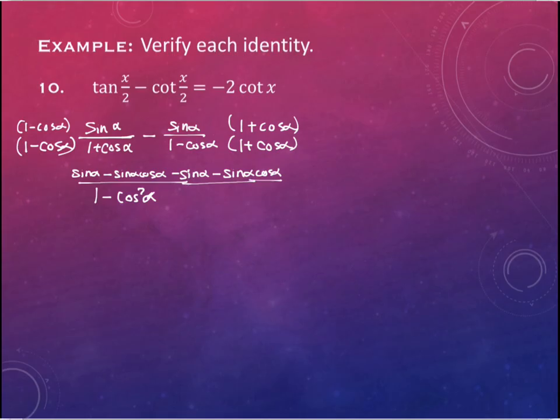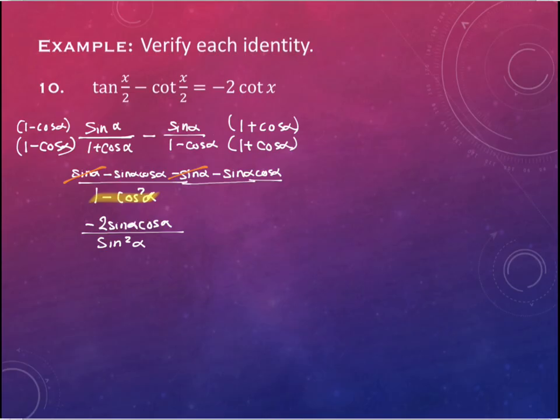This denominator has another name. Its name is sine squared, because sine squared plus cosine squared equals 1. These add to 0. This is negative 2 sine of alpha cosine of alpha. And then do you see the pieces that cancel? Yeah.